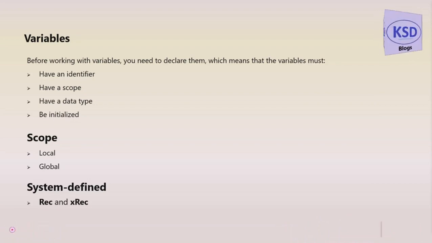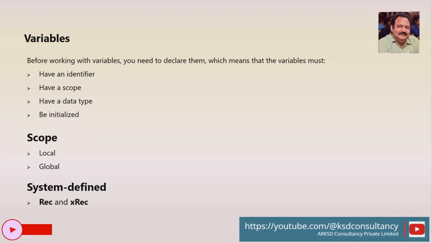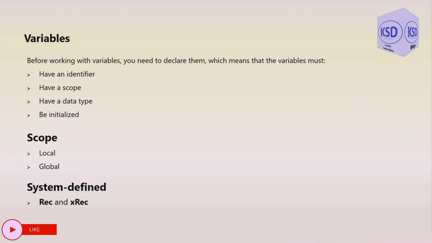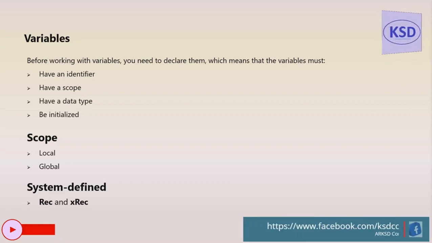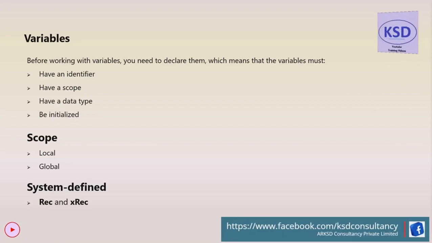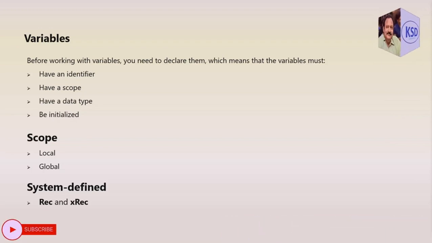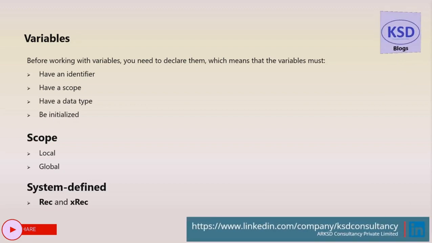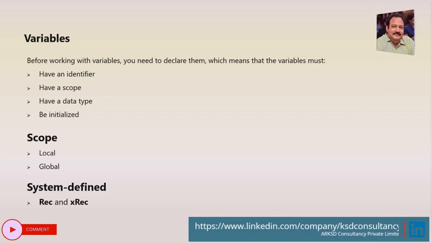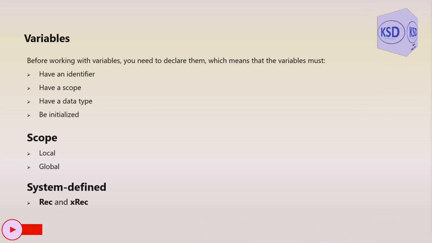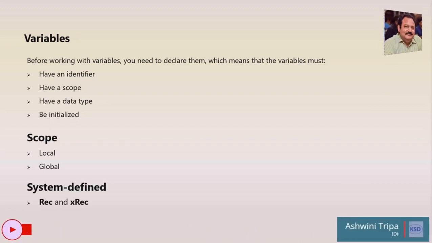A variable always has a certain data type. It could be an integer, text, code, date, option, and so on. When a variable is created in memory, it is initialized, meaning the variable gets a default starting value before you assign a value to it. This default value depends on the data type. For example, a numeric data type is initialized to 0 by default.